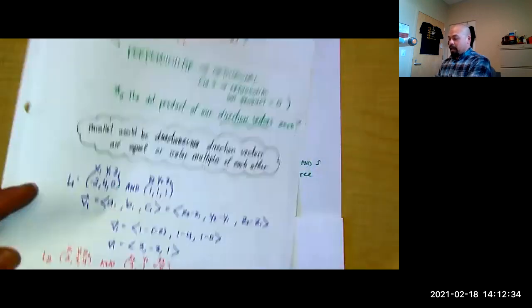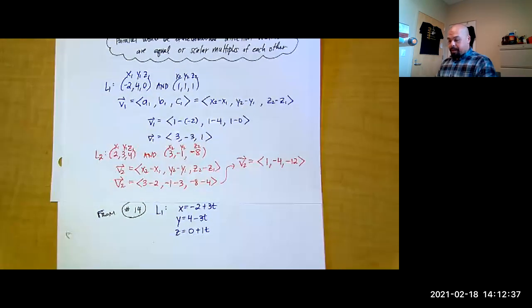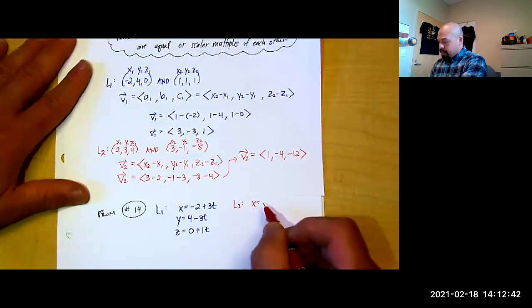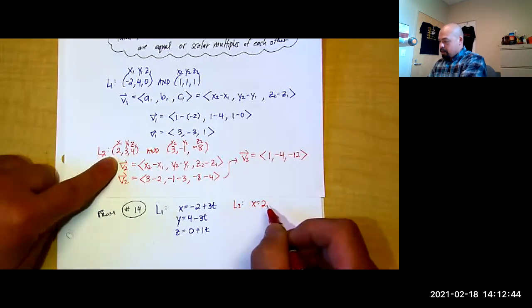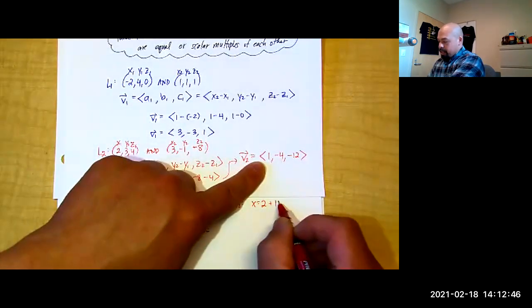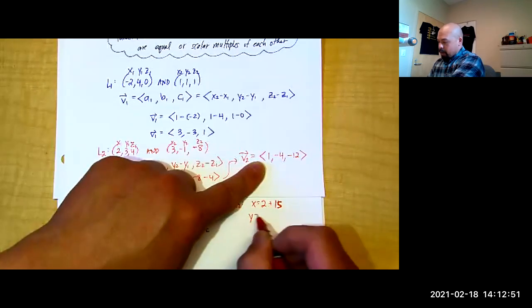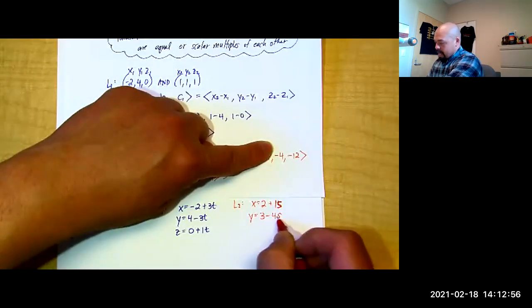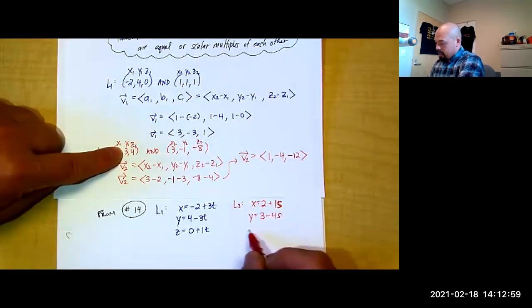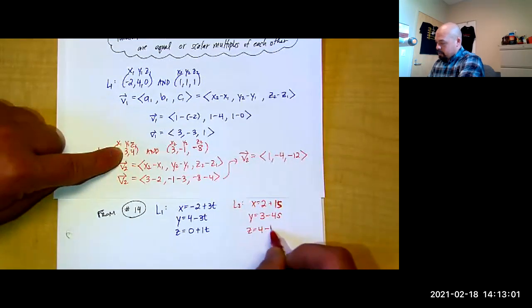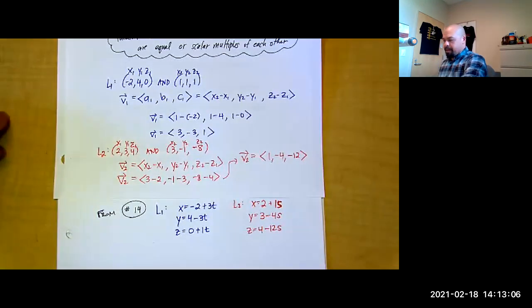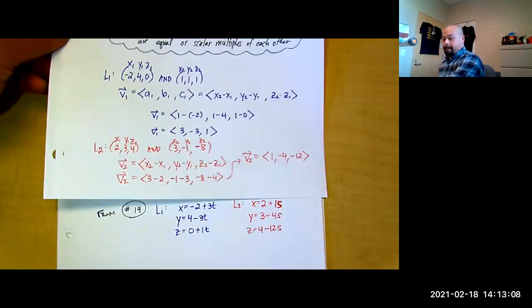My second line, we'll do the same thing. x is going to be 2 plus 1t, or 1s, sorry, make sure I change my parameter. y is going to be 3 minus 4s, z 4 minus 12s. Changing my parameter, but there's our two lines.